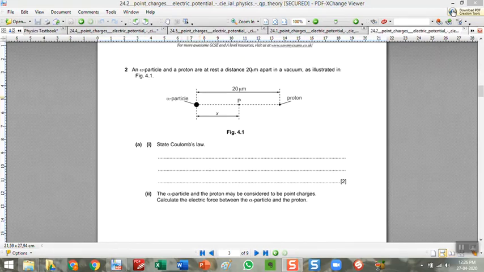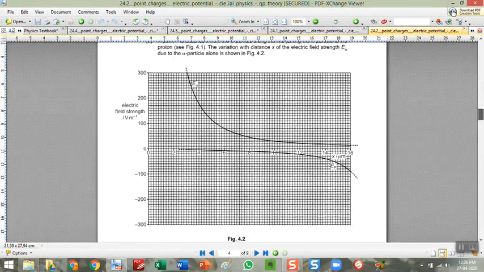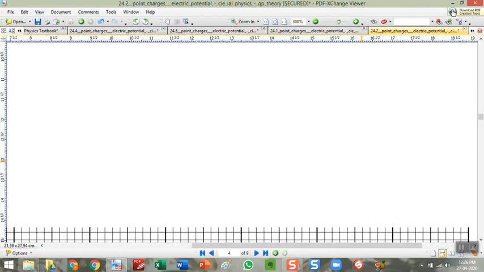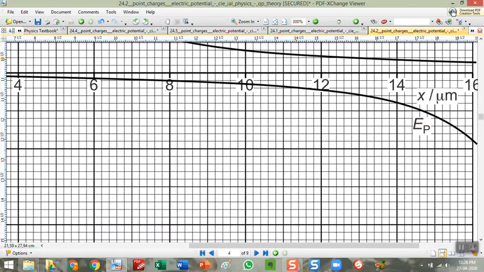In the following question, we have an alpha particle and a proton. Both of them are positive, and if we move down, we'll see the individual electric fields of the two. This is just the alpha particle in isolation. This is just the proton in isolation. Now, if we have to find the resultant, we know because both of them are positive, there should be a point where the resultant is 0. Algebraically, when the top and the bottom are equal, then that should be 0. So we can see roughly about 12 here.